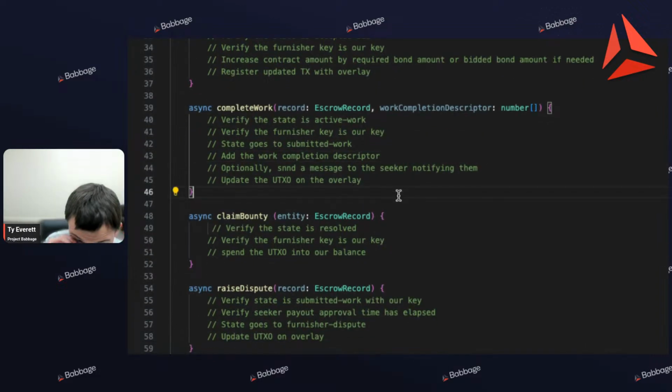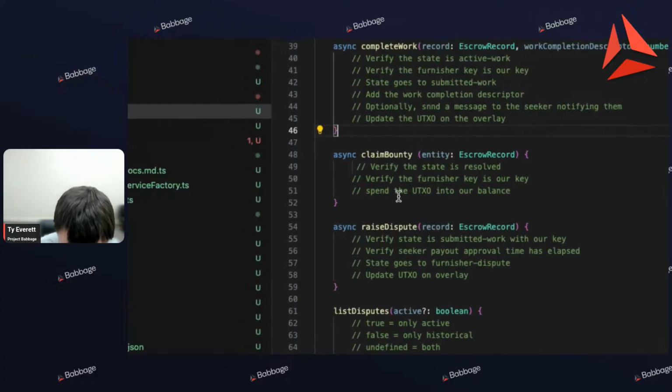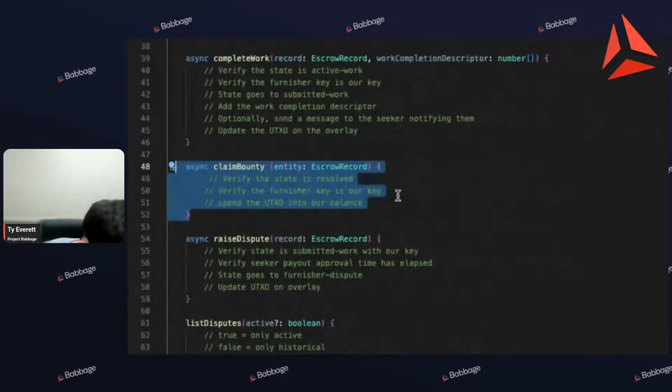And of course, the money is already in the contract at this point. It's not like they don't have it. It's been posted. It's just they've got to sign off. If they do sign off, then I can claim my bounty and I can go about my day.